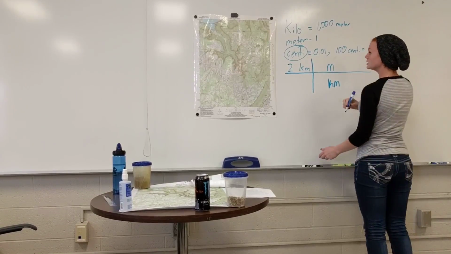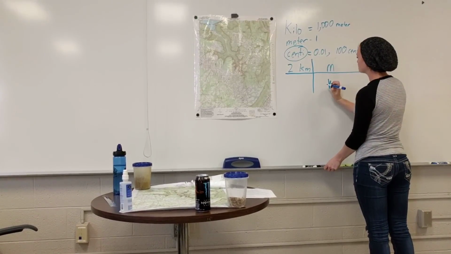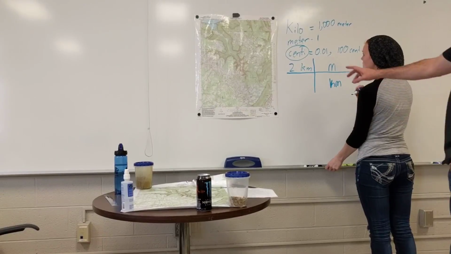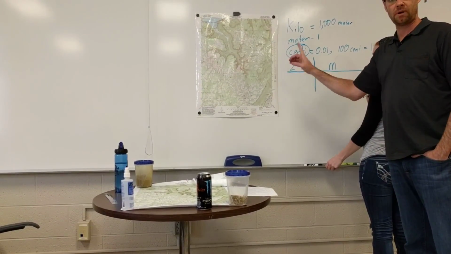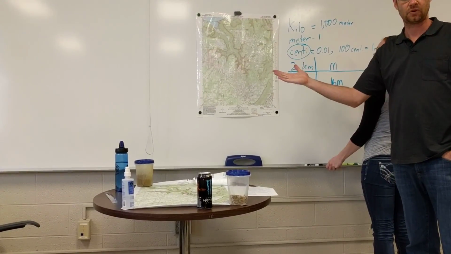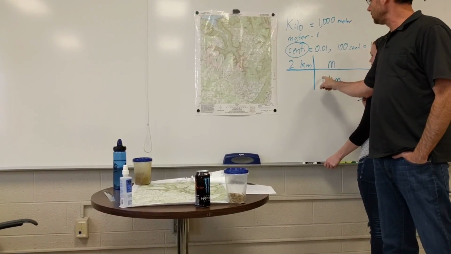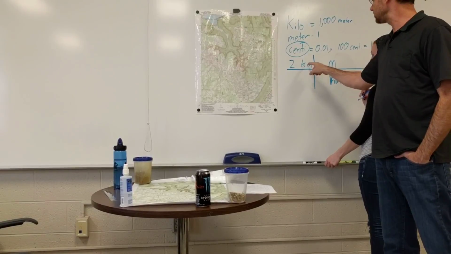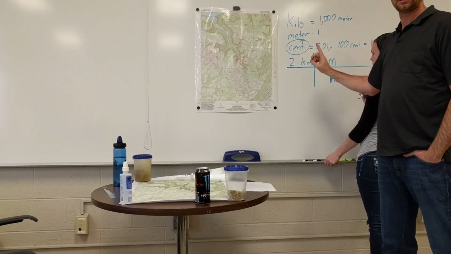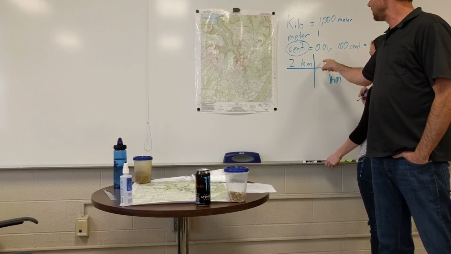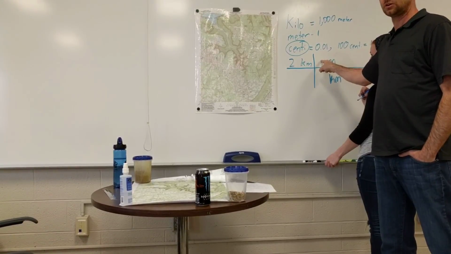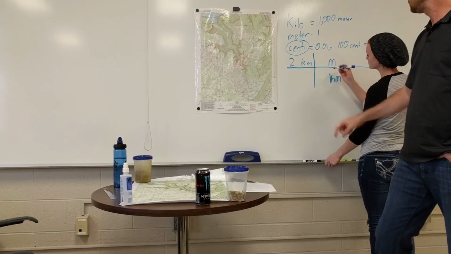Okay? Yep. So the point in this is that as long as we multiply this number by 1, it stays the same, right? Because anything divided by itself is 1. So what can we do to change the unit of this and still keep multiplying by the number 1? We multiply by 1,000 meters over 1 kilometer.